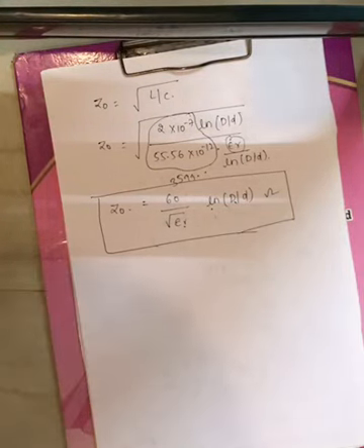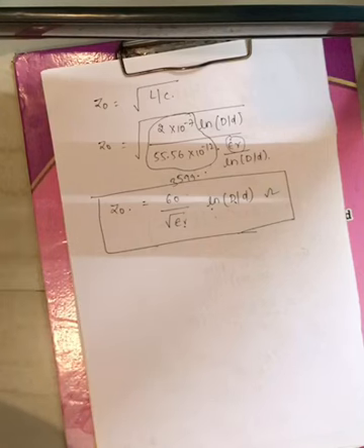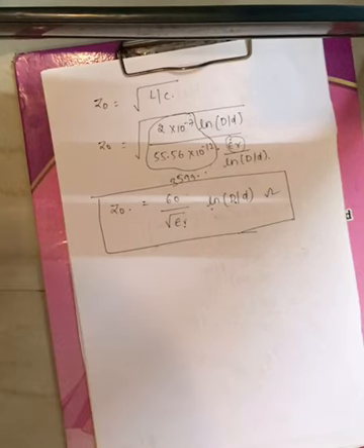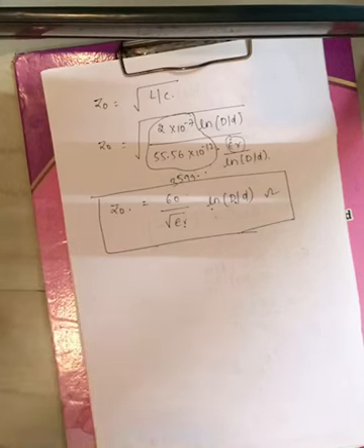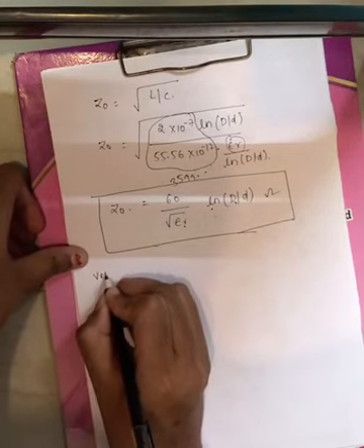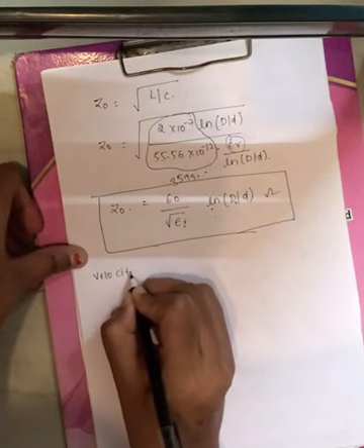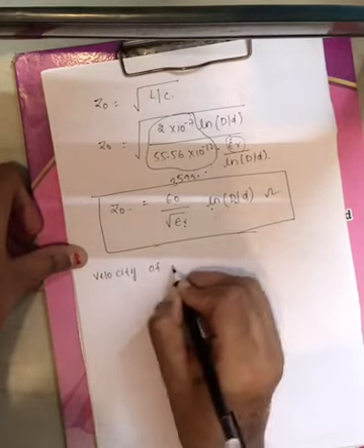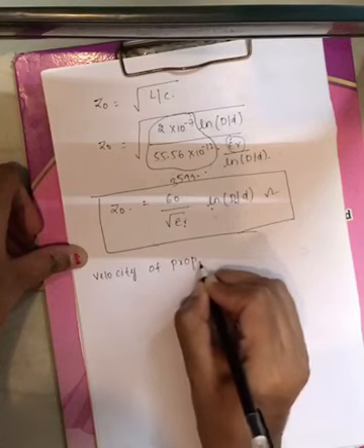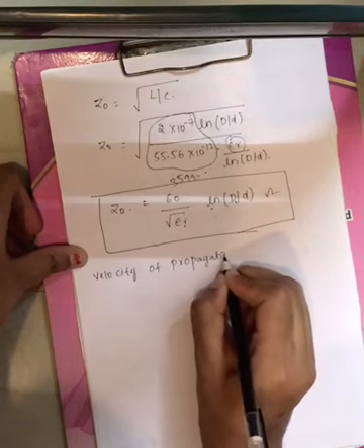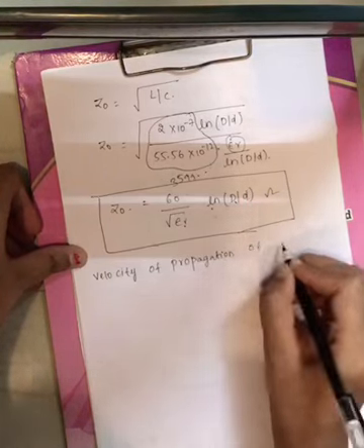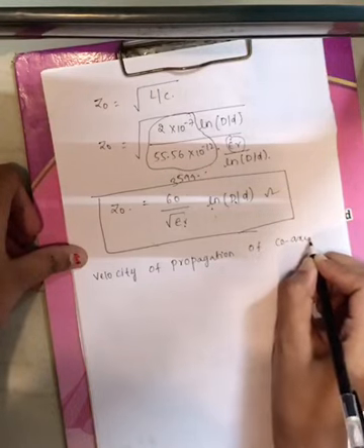Now coming to the next one. Another derivation, another parameter, that is the velocity of propagation of a coaxial cable.